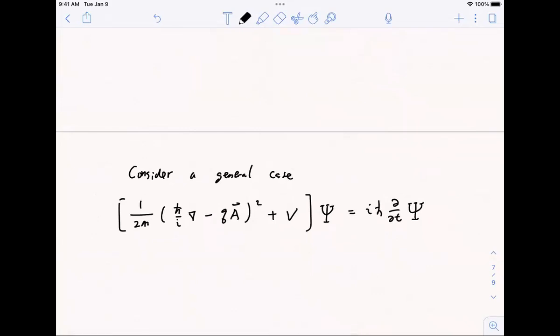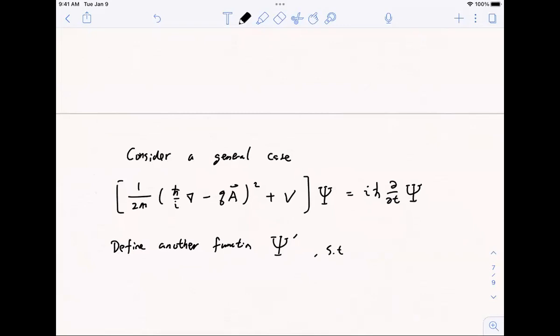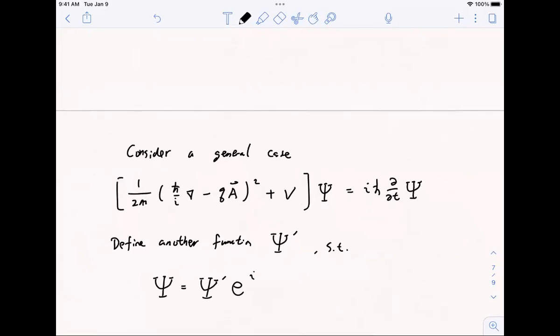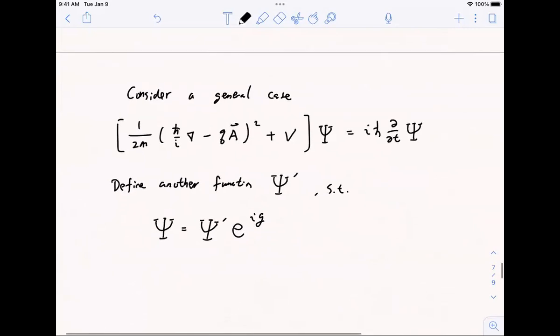So for the region where B is zero, you can define another function. Let me call it phi prime, such that this one equals phi prime times e to the iG. What is G?